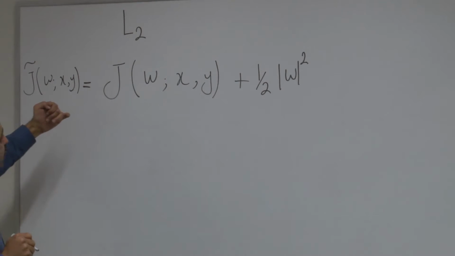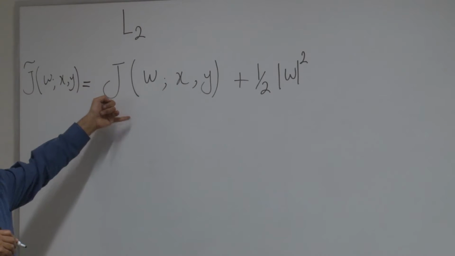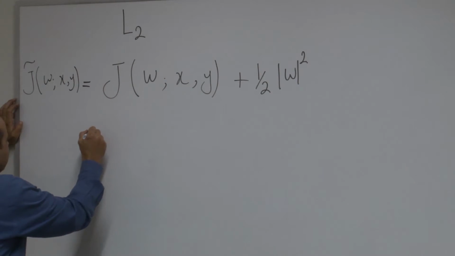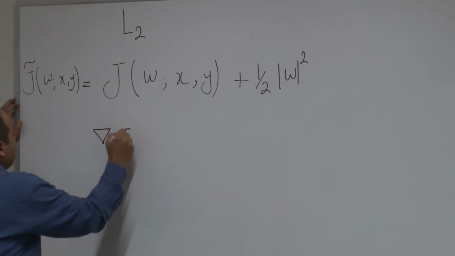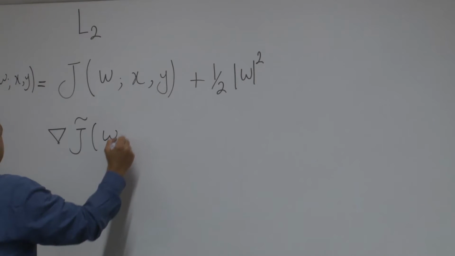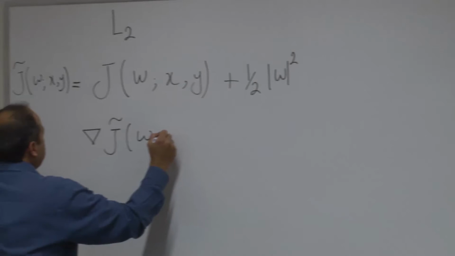In backpropagation, we used to take the derivative of J using the backpropagation technique. Now I need to take the derivative of J tilde. For simplicity, maybe I write this.